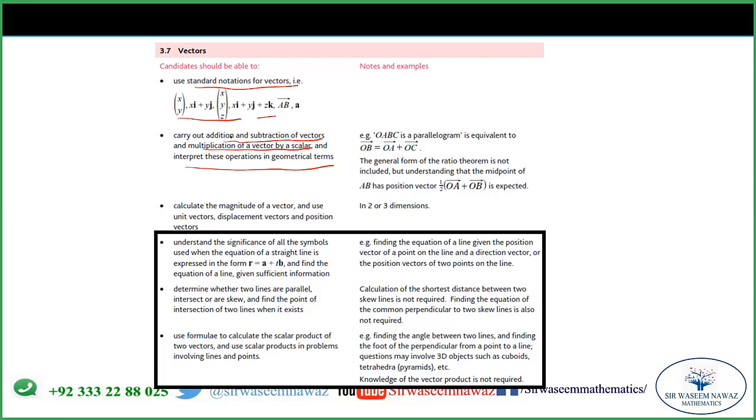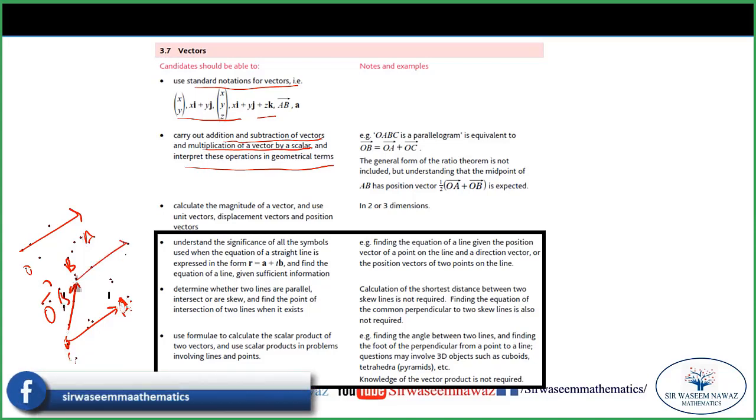Addition of vectors: if we have this vector OA and another vector OB, where O is the origin, what will be the AB? I can make a parallelogram, and this will be your diagonal vector.